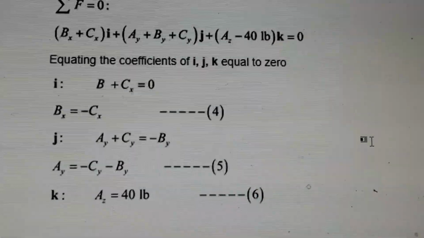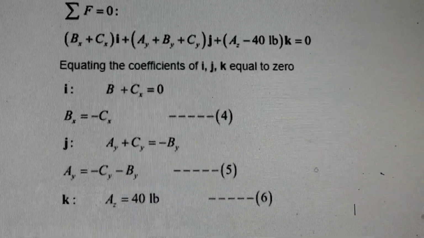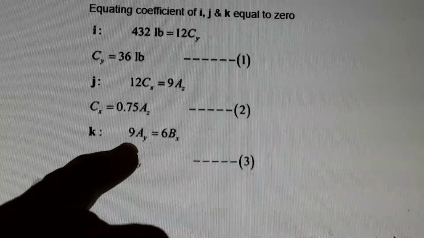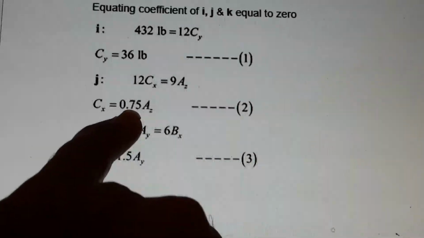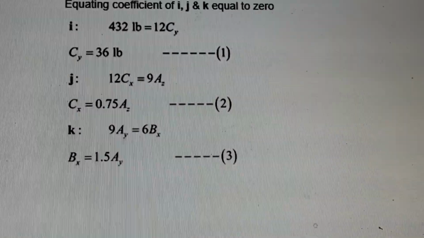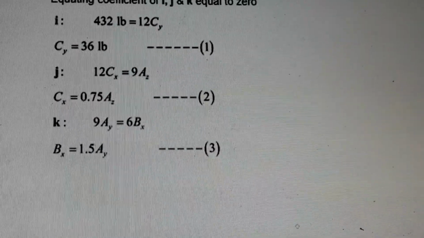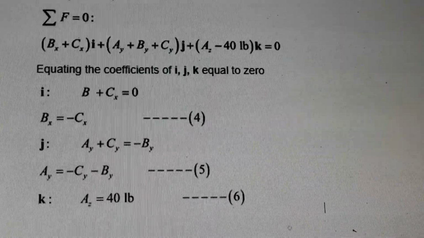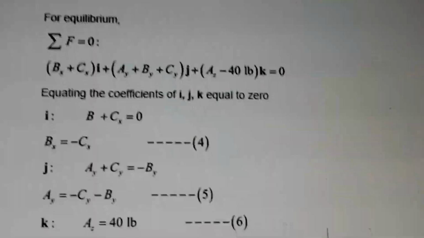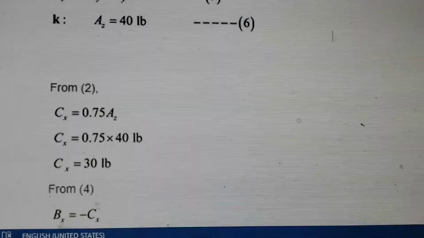Let's go back to equation 2, because here we find AZ. Equation 2, it's what? 0.75 AZ equals CX. Now that we found AZ, we could find CX. So from equation 2, we can find CX is 30 pounds.